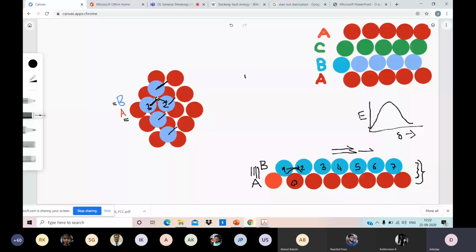So from 1 to 2, it moves along the groove to C position, because from B to C it just needs to move along the groove.